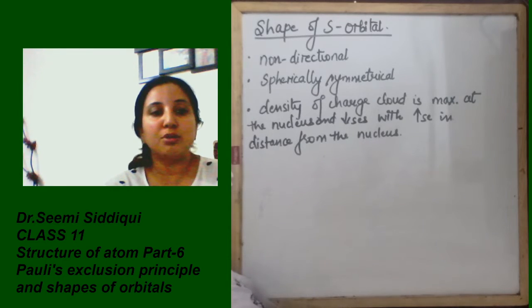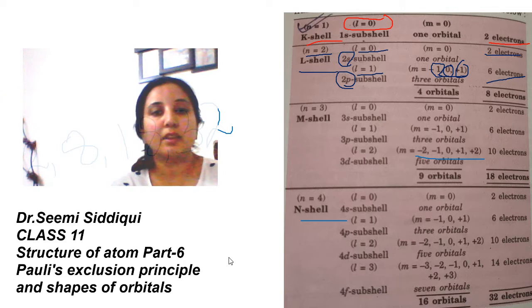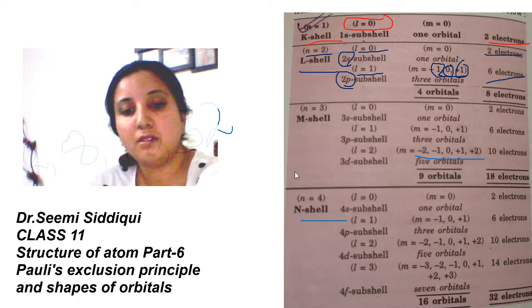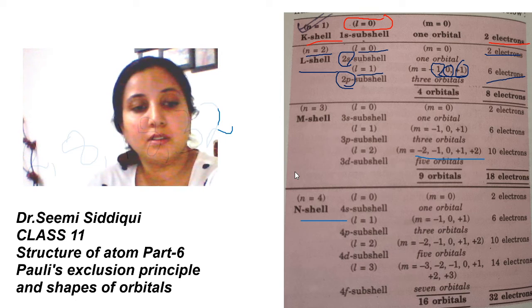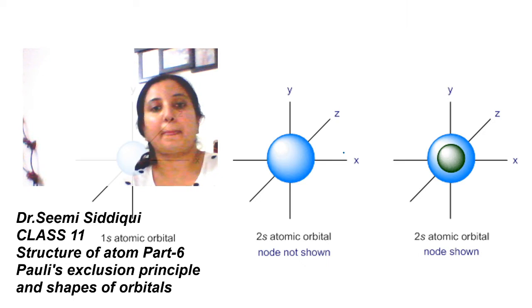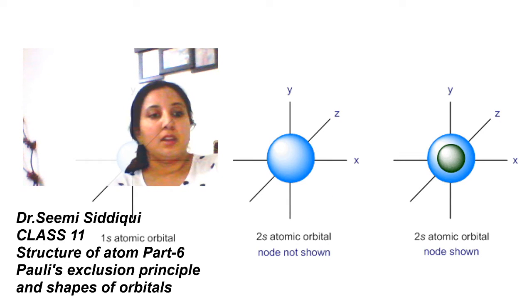Now let's look at a picture over here. Just look over here. The very first one I have shown is for the 1s atomic orbital.